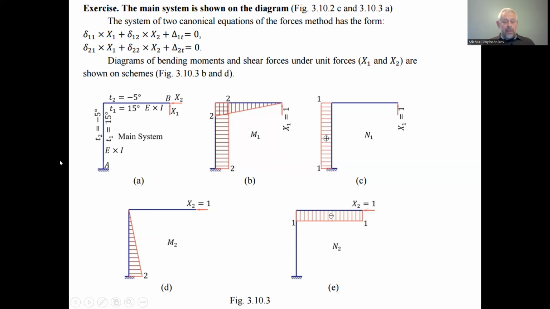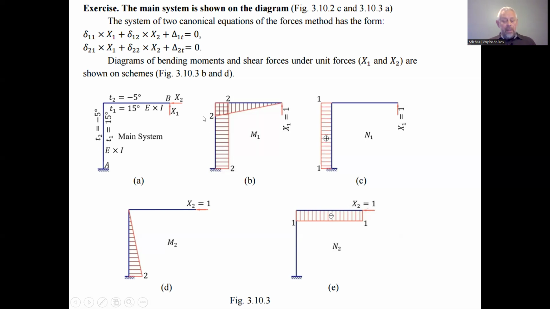So to find these factors, the lower case deltas, the displacements in the directions of the unit forces x1 and x2, we have to have the diagrams.